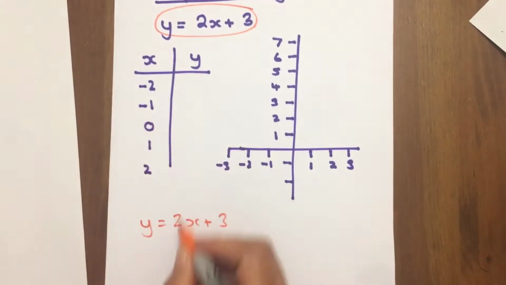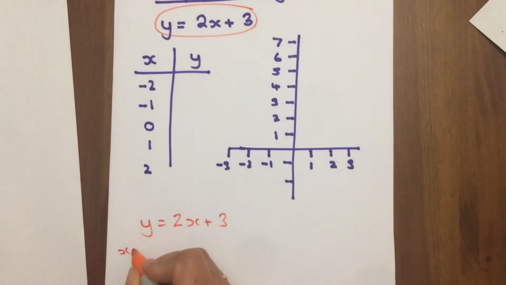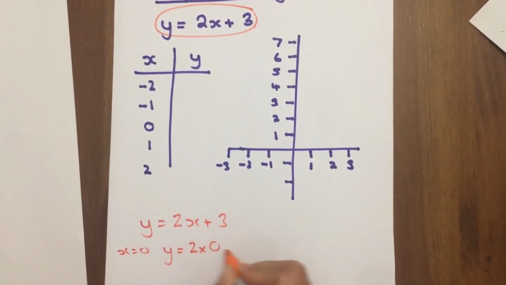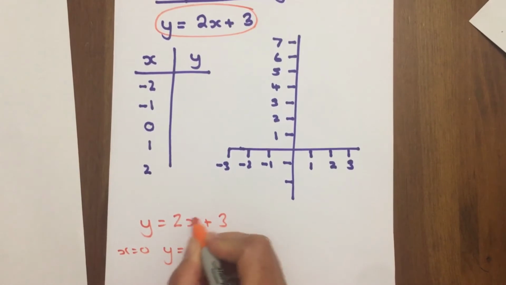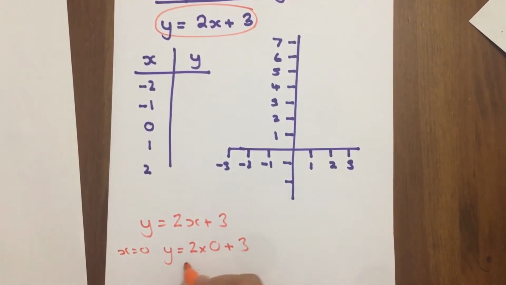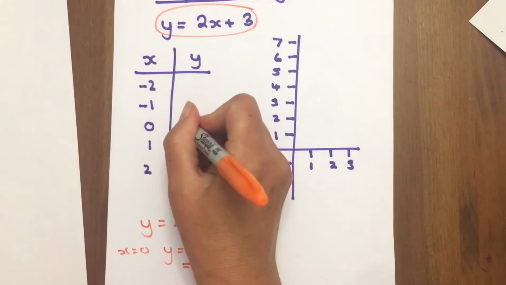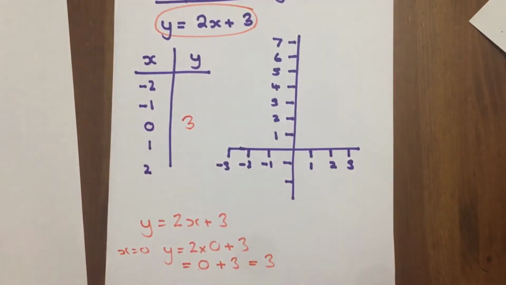When x is nothing, y is 2 times nothing, add 3. 2 times nothing is nothing, add 3. Nothing, add 3 is 3. So when x is nothing, y is 3.